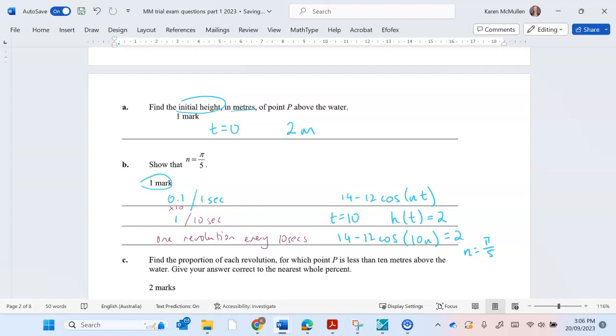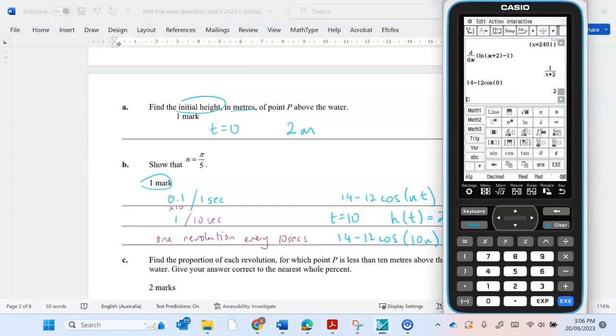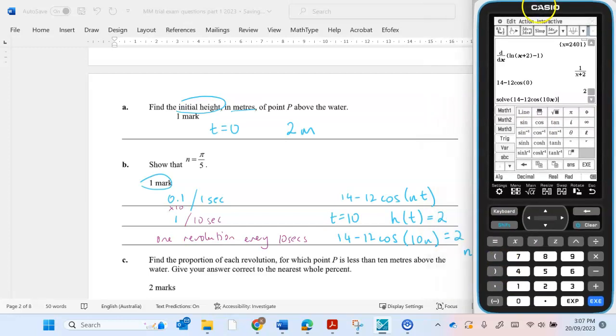Now don't just jump and write the answer. Do check that it actually works. So I'm going to just do solve on my calculator to check. So we've got 14 minus 12 cos 10, and instead of n, I'm going to use x, and that is equal to 2.